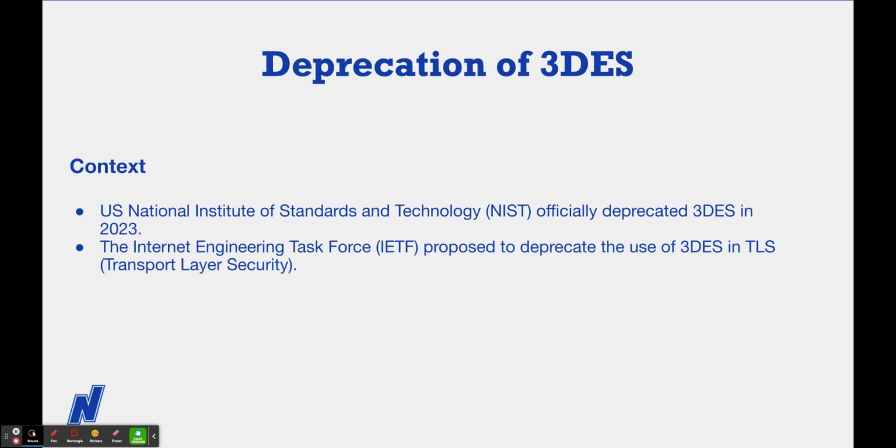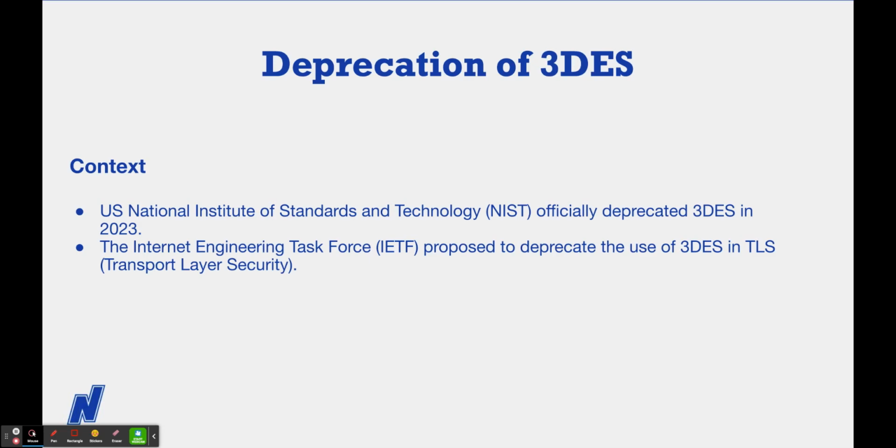So, the deprecation of 3DES. An important discussion in recent years revolving around 3DES involves its deprecation in favor of more secure encryption, as I mentioned, AES. Recently, in 2023, the U.S. National Institute of Standards and Technology, NIST, officially deprecated 3DES and recommended against using it in favor of the newer systems.